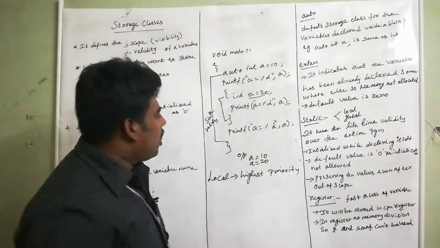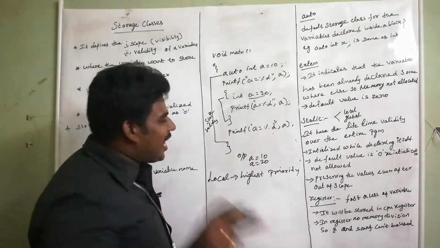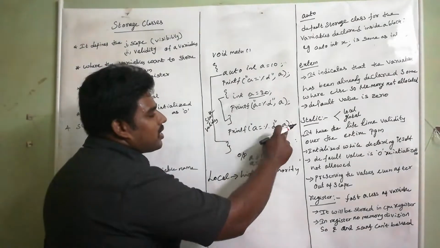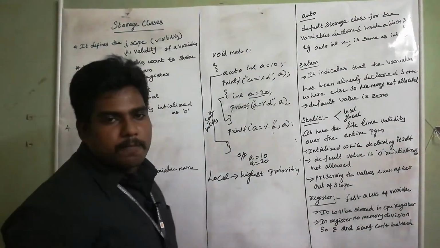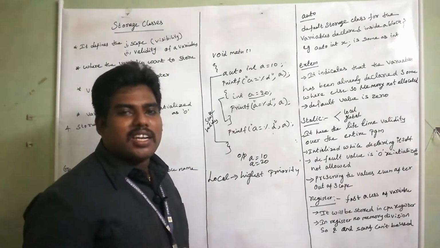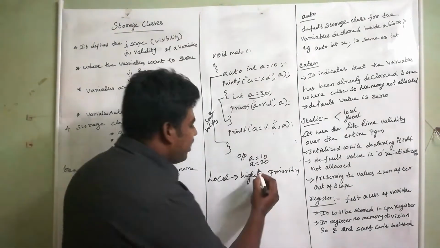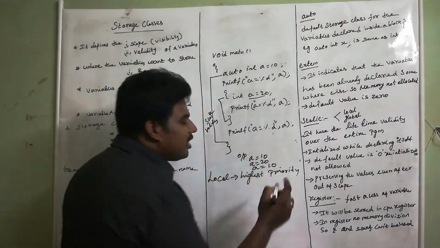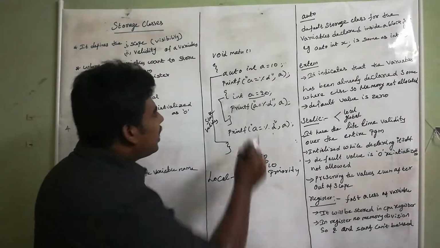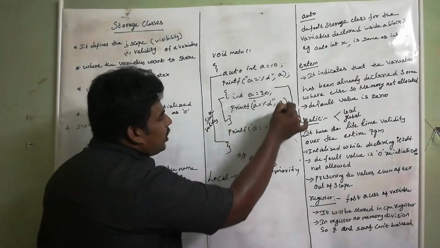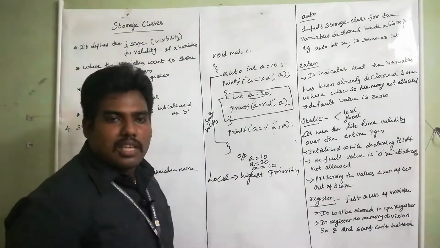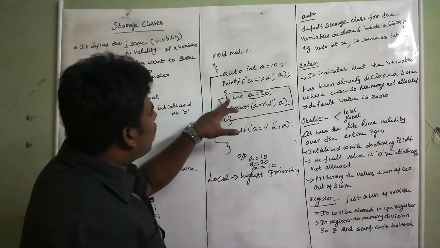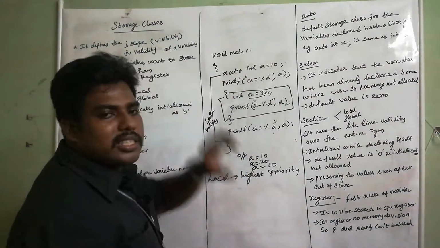Got it? Again I am printing the same a equal to %d comma a. Now will you get 20 or 10? You will get 10. What's the reason? For this 10, 20, the scope started here and ended here itself. The scope and the validity ended inside the curly brace.